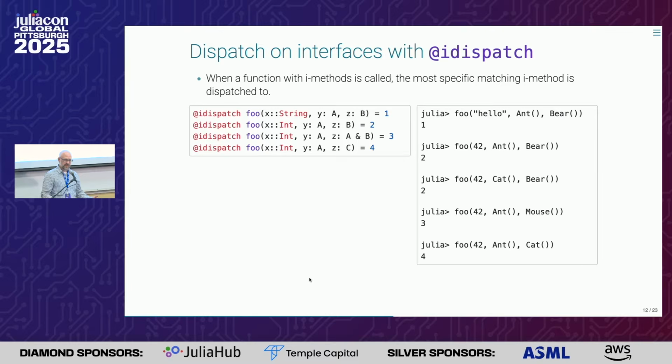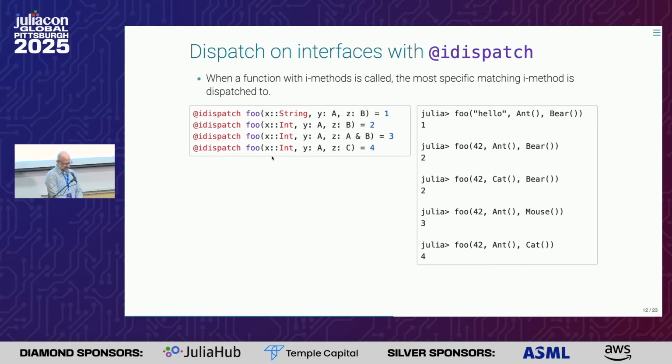Okay, finally, we need to be able to dispatch on these interfaces, and that's what the iDispatch macro does. So you can create methods that dispatch on both types and interfaces. And I call these methods iMethods, which is short for interface dispatch methods.